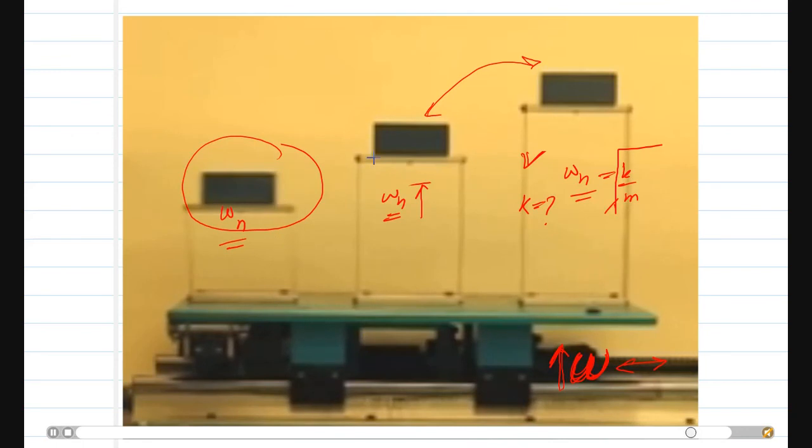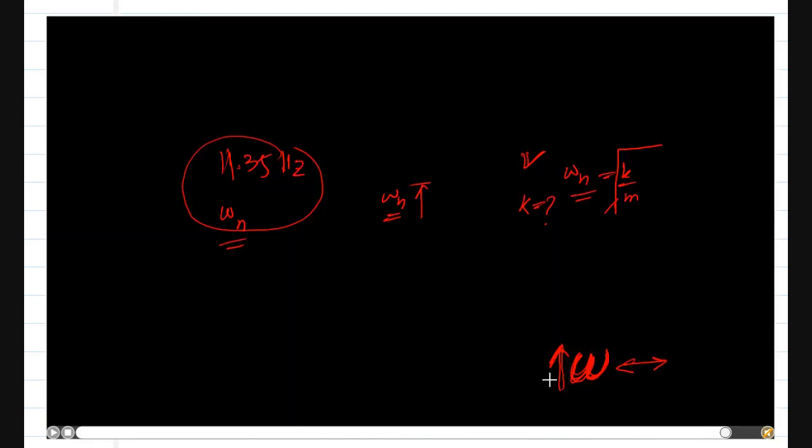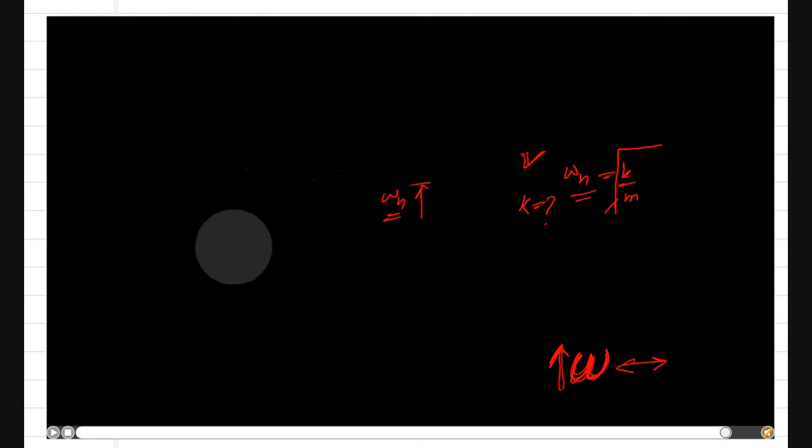See the amplitude of this mass: it is 11.35 Hertz. This is its natural frequency. I think you have understood this point, that this is what we are talking about.